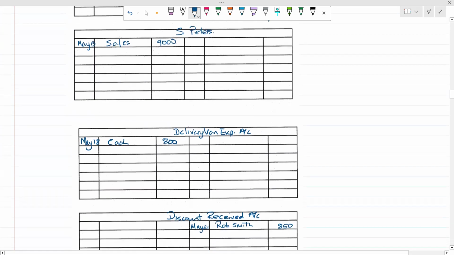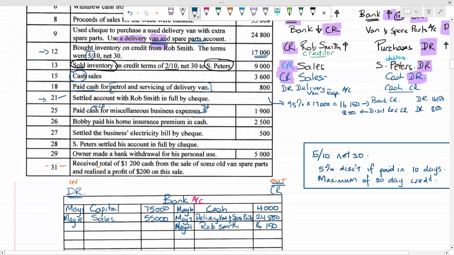Right, and we open our business expenses account. Now, all expense accounts are always debited. Yeah? You okay with that transaction?